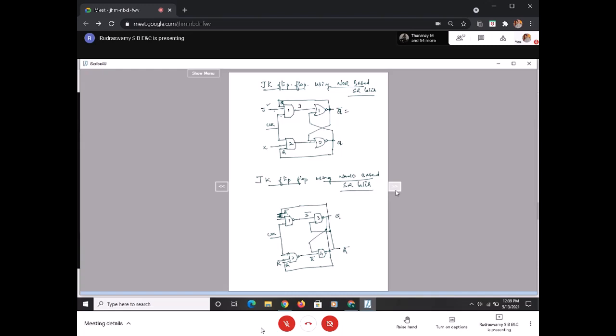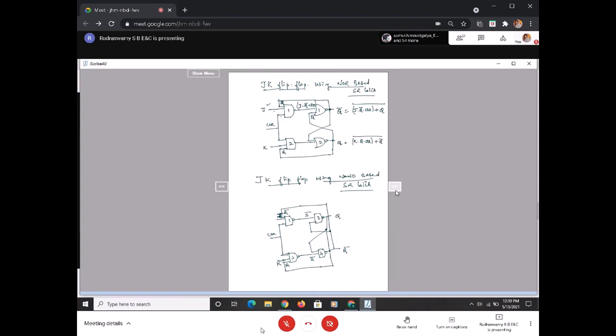Here I have J dot Q bar dot clock, ORed with Q, and that is complemented. So Q bar is basically J Q bar clock ORed with Q, whole bar, because that is an OR. And Q is K Q clock plus Q bar, whole complement.